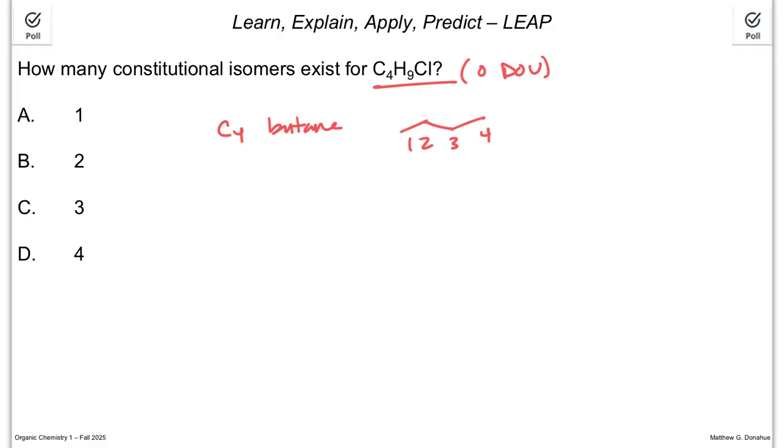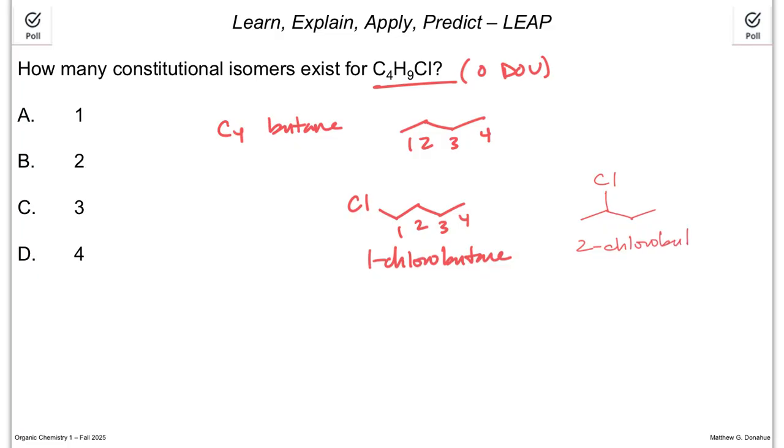From that, we can put the chlorine either at the 1 or the 2 position. So that would make 1-chlorobutane. Or if we put it at 2, that would be 2-chlorobutane.